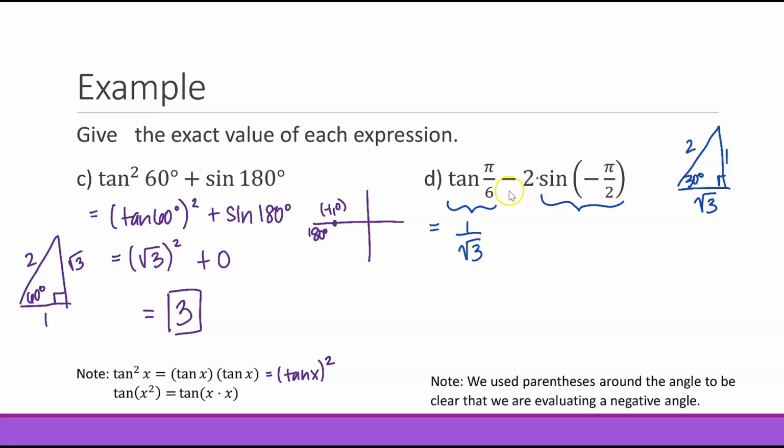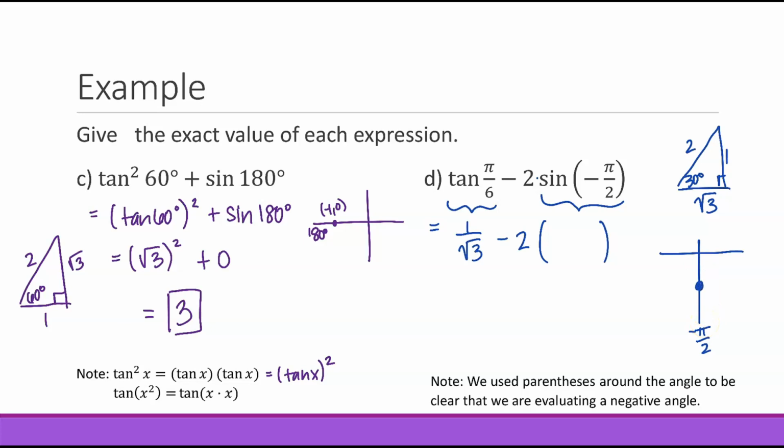So here we have minus 2, so we're going to leave that minus 2 here, and we'll fill in this value. What is sine of negative pi over 2? Well, negative angles go in a clockwise direction, so we're going to go down pi over 2, and that's going to lead us to the same as 3 pi over 2, or 270 degrees, right? It's going to lead us straight down.